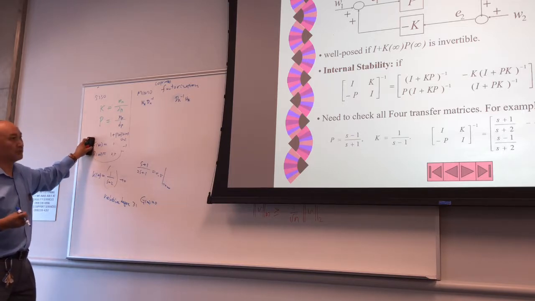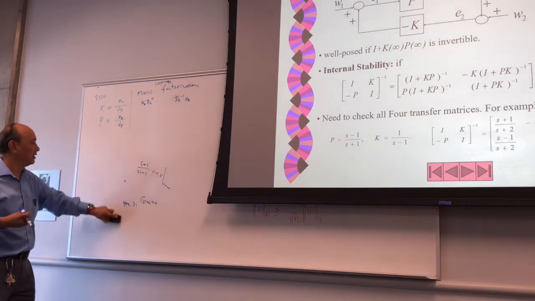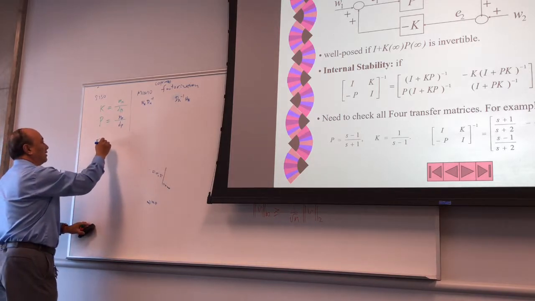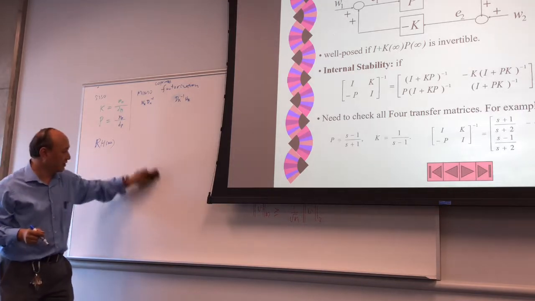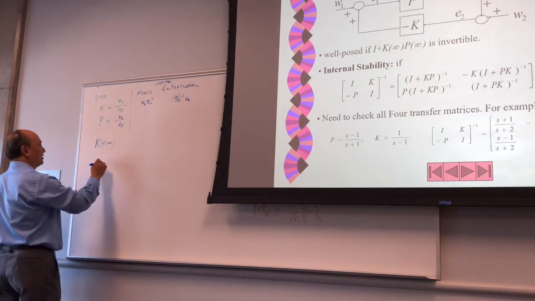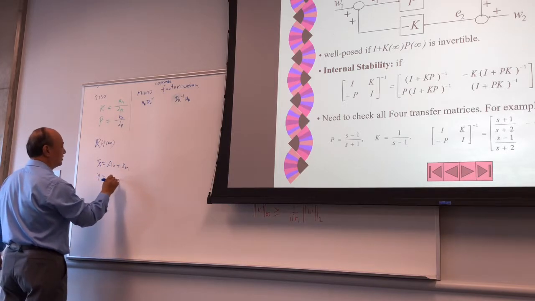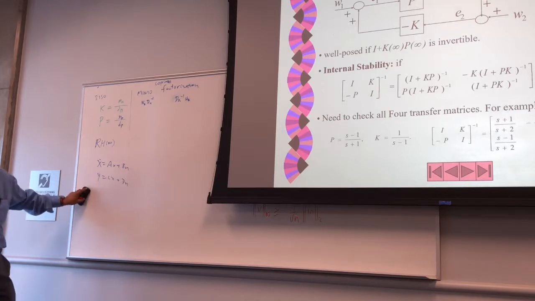It's not well-posed. So remember, well-posed, if everything is RH infinity, I think it is almost guaranteed. In other words, it's like x dot is Ax plus Bu, y is Cx plus Du.